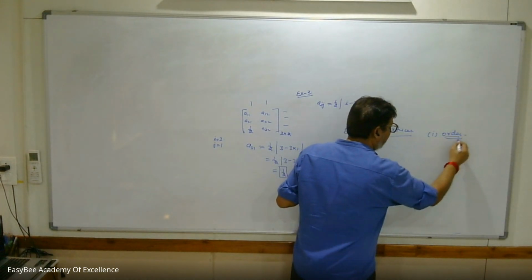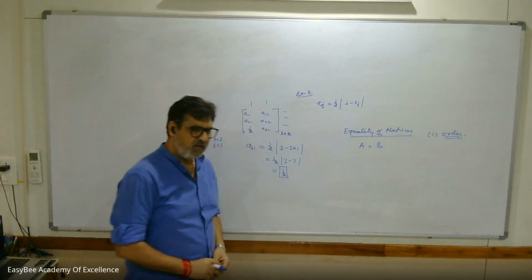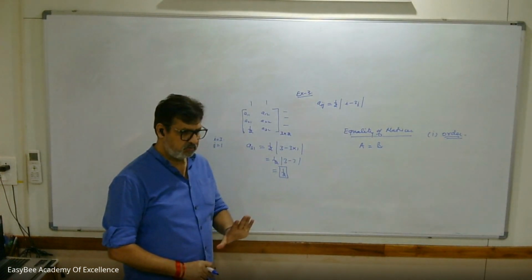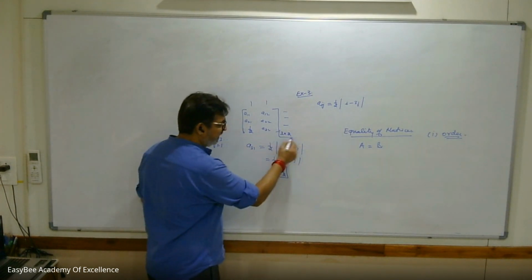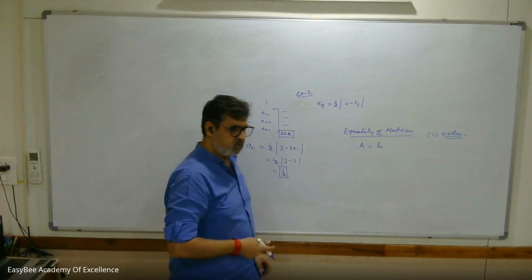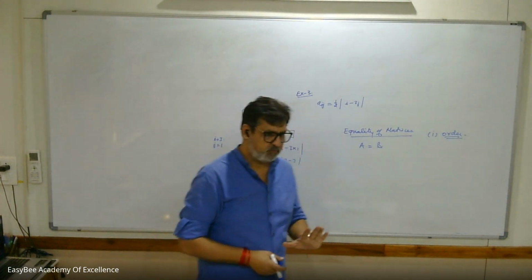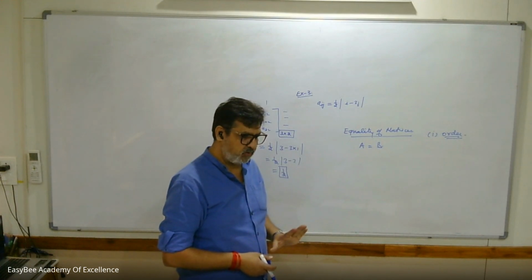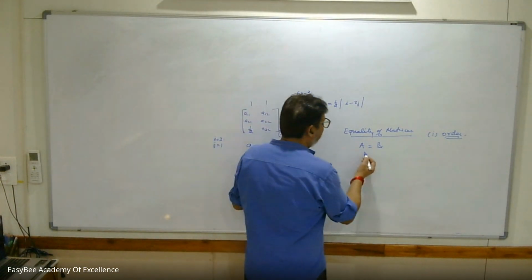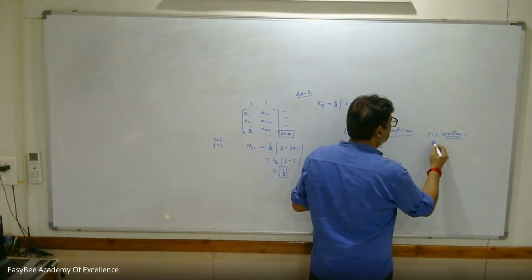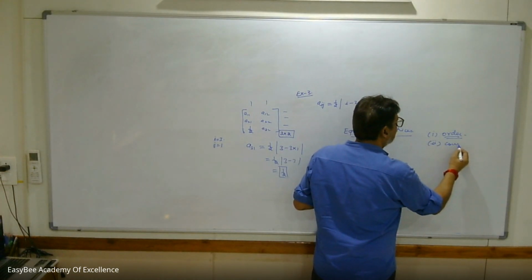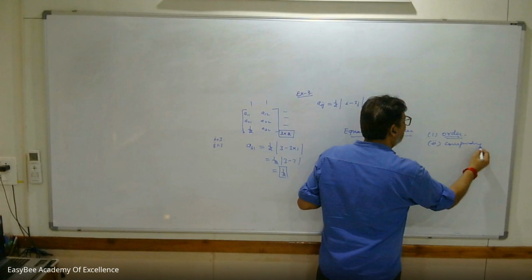You cannot have two matrices equal unless their order is equal. Is it clear? So the order of two matrices should be equal, yes, M and N should be equal. And corresponding elements should also be equal.